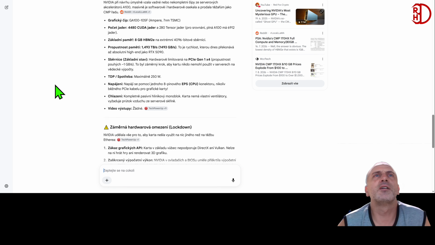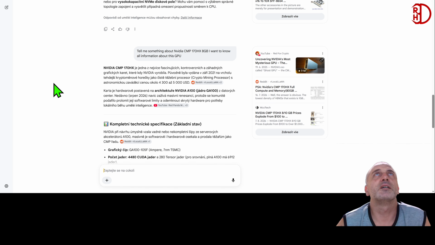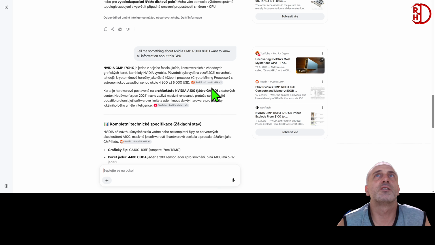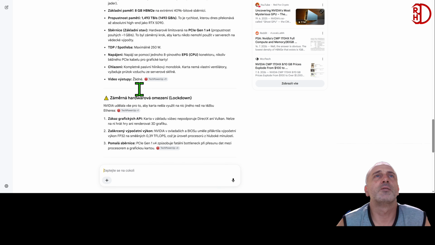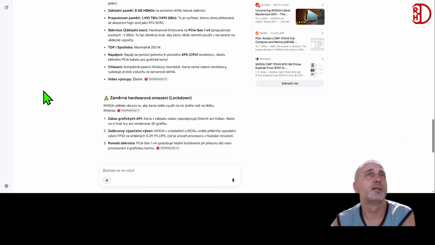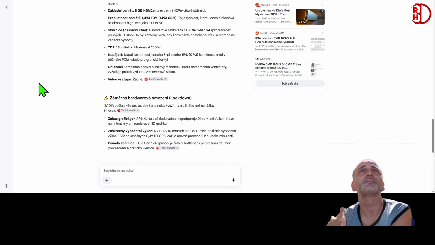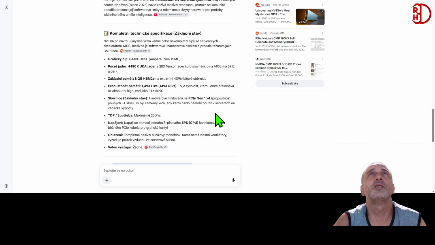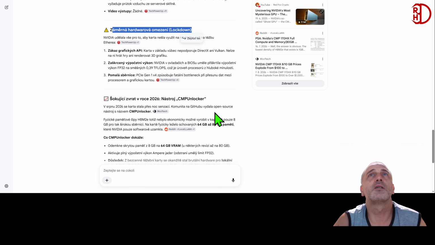Yeah, Gemini is going to the search and he will tell us all information from TechPowerUp. I think it is just the normal. So far, when you ask him in a fresh window, he doesn't know about the unlocker.